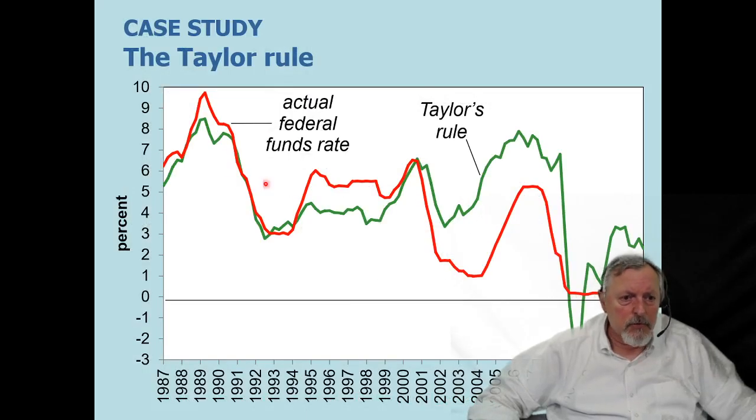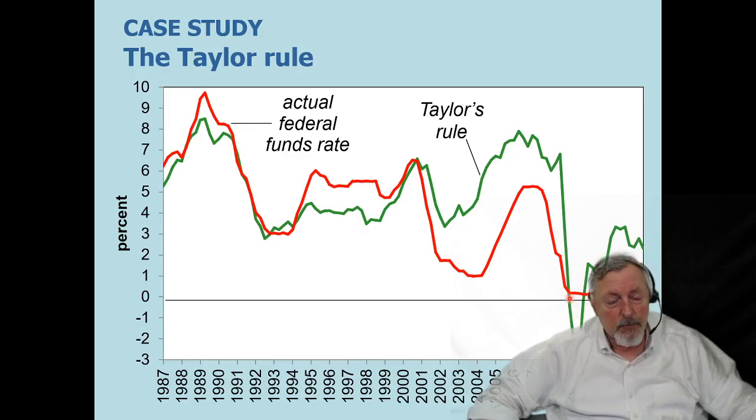This is the actual Fed funds rate in red and what the Taylor rule predicted from '87 to 2013. You can see it's very accurate. It doesn't mean that the Fed was following the Taylor rule, merely that the Taylor rule modeled what the Fed did quite well.